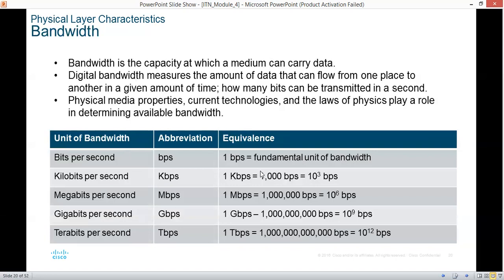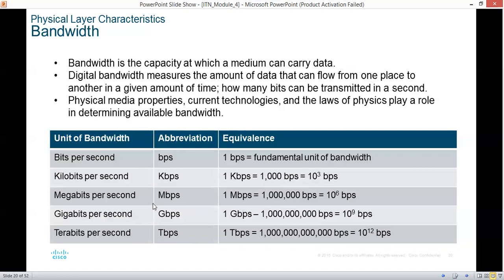And then you can graduate it to terabits per second. When it's bit, it's actually the least. When it's kilobit, it is 1000. In some cases, it's 1024, but when you explain it in class like this, you don't need to start giving those technical values. You could just summarize it as 1000 kbps.